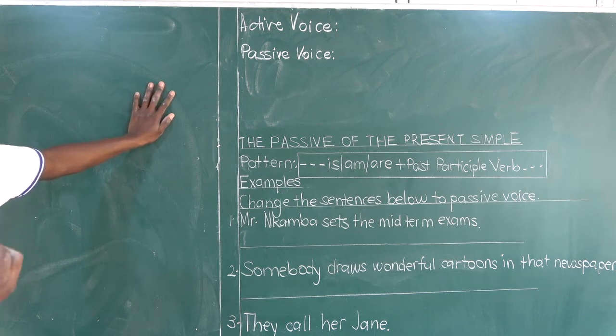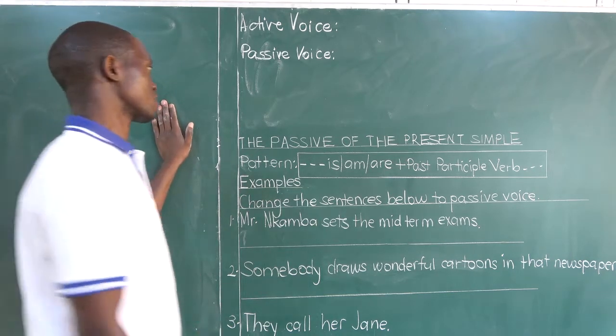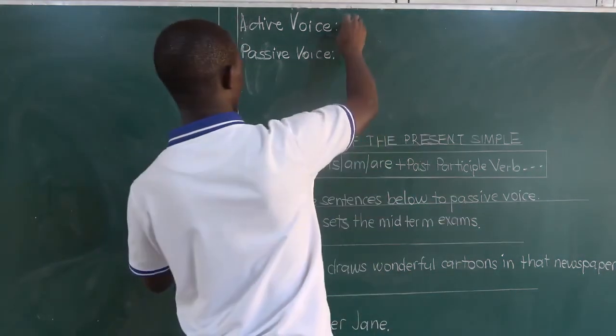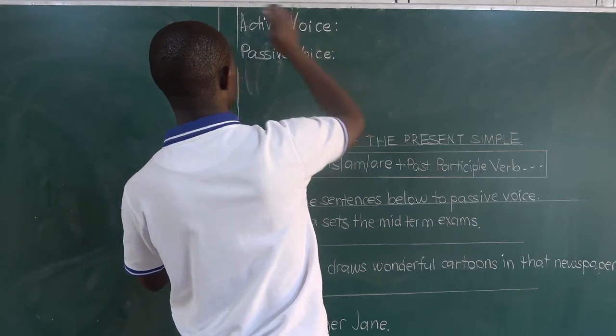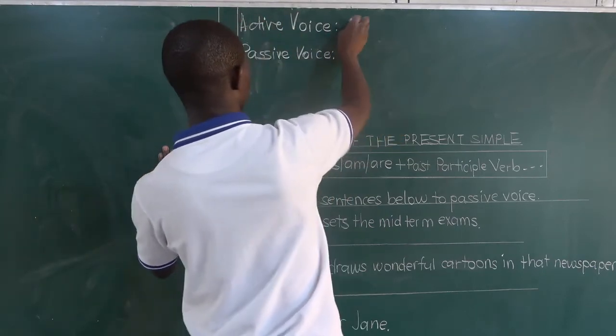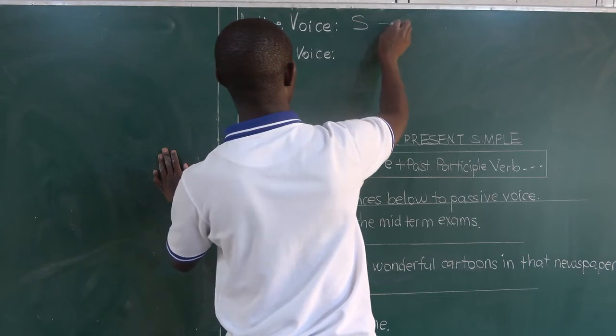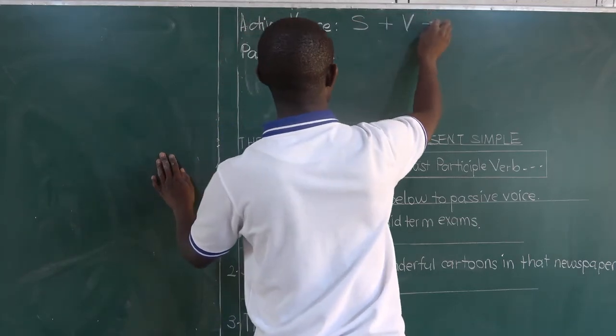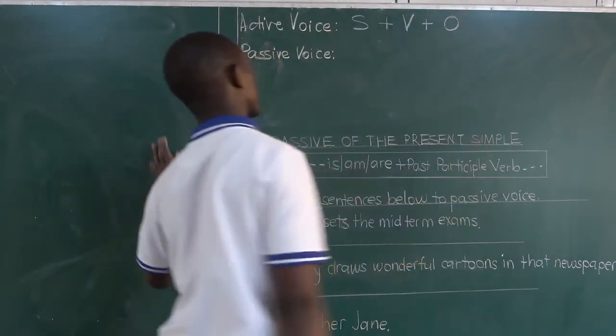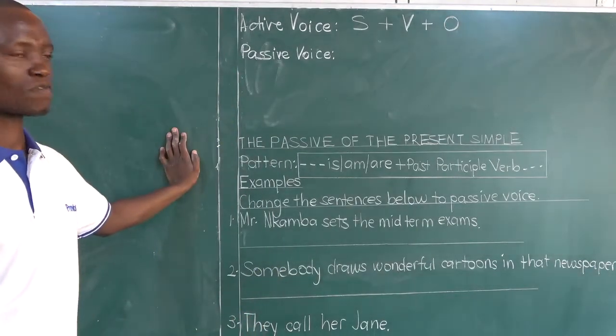Then the passive voice also uses a specific order of words. For example, what do I mean by different order of words? In the active voice, we talk about the subject, the verb, and finally the object. That is the active voice.